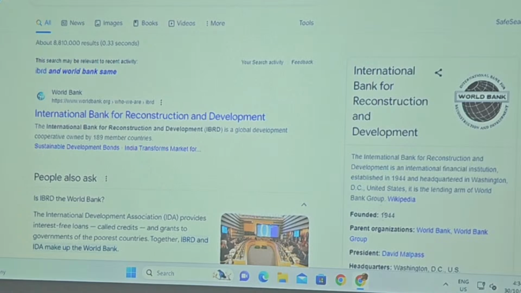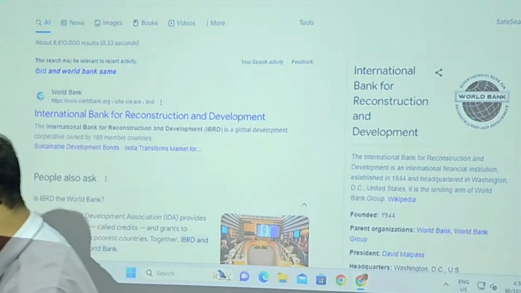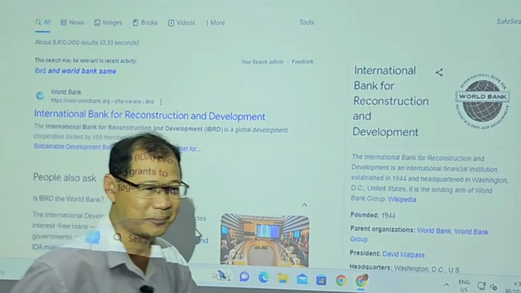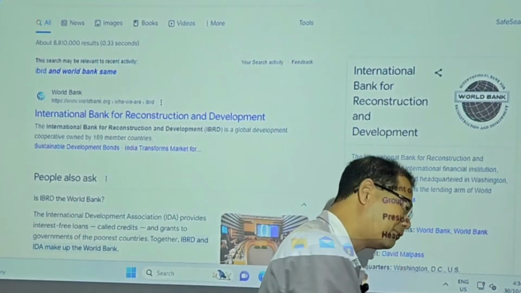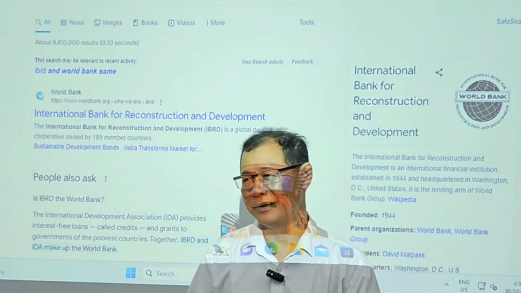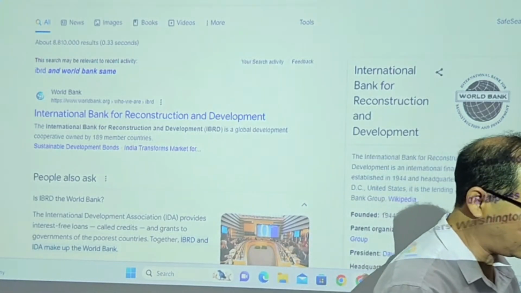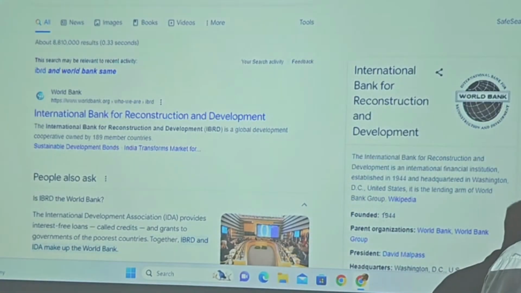John Maynard Keynes did not know there was the creation of the World Bank and IMF. Why? He collapsed and passed away before the creation of the IMF and World Bank.